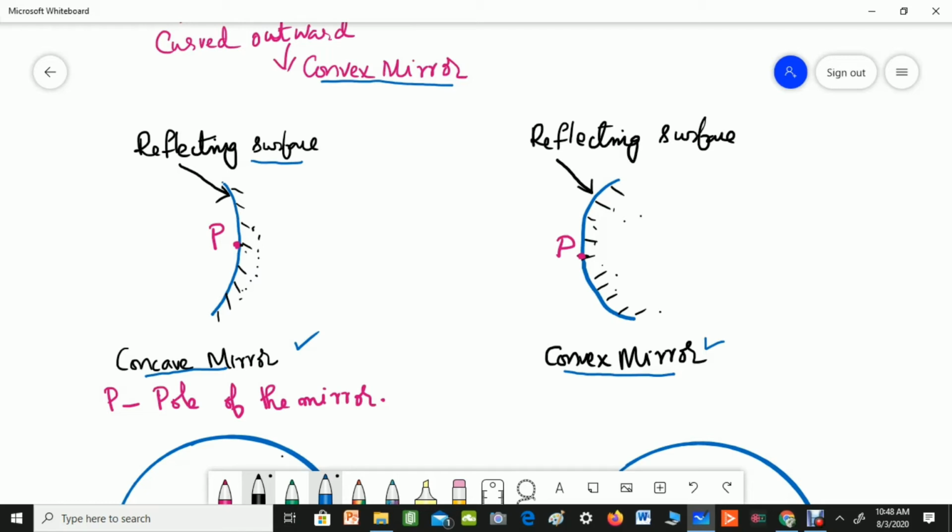Now, whether it is a concave mirror or convex mirror, the reflecting surface in both cases actually forms part of a sphere.